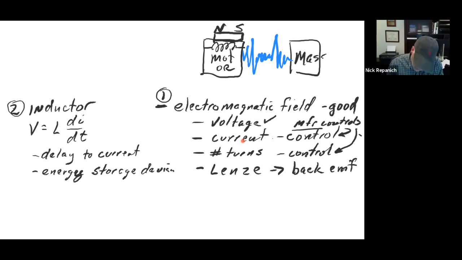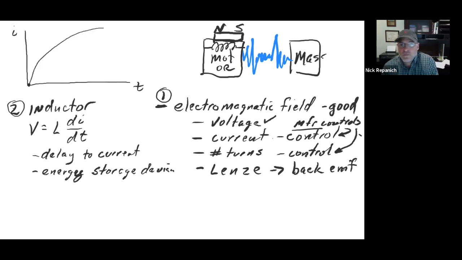Because it's an inductor, you have current versus time. At time 0, it starts at 0, 0. As you apply voltage, it's not linear, is it? It's got a rise time to it.